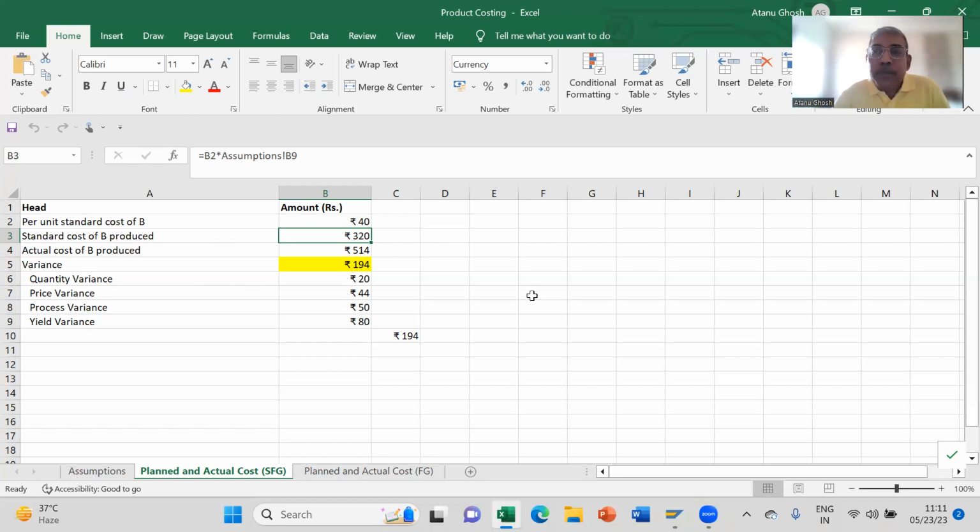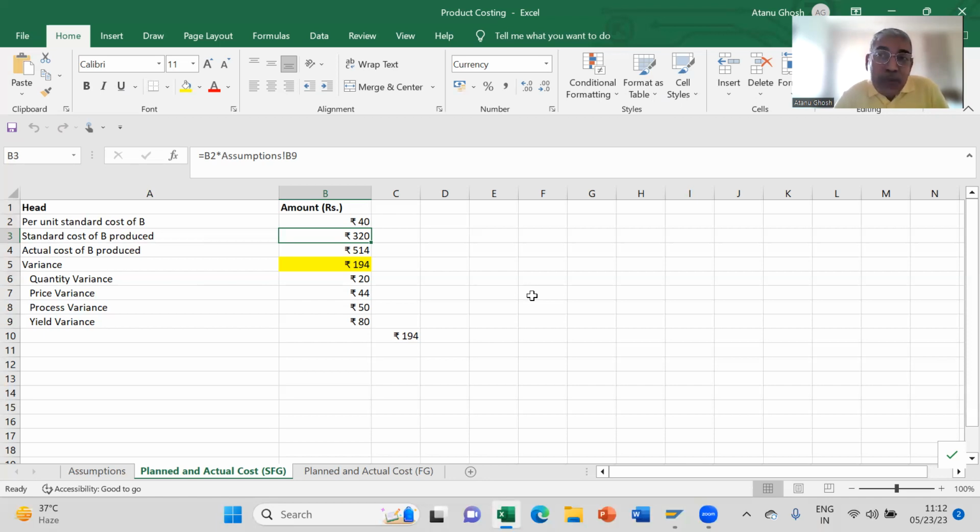Now, still a few years back, this value of the inventory was done based on actual cost of that particular inventory. That means what was the actual cost to produce 8 units of B, which we are going to soon see. However, with new accounting standards and modern accounting coming in, also in India, now the practice is to value the inventory at standard.